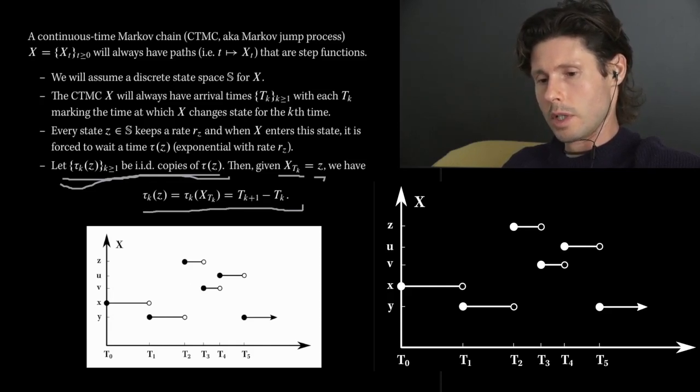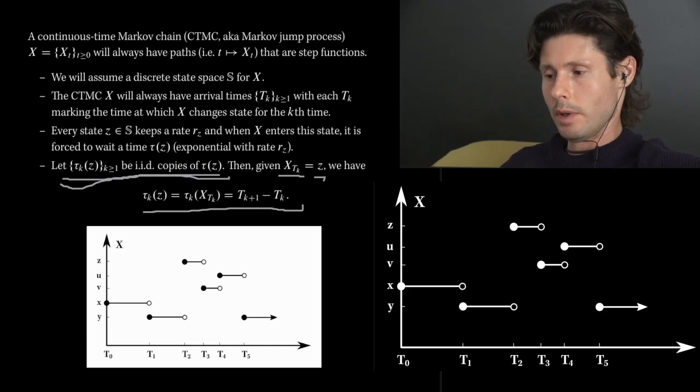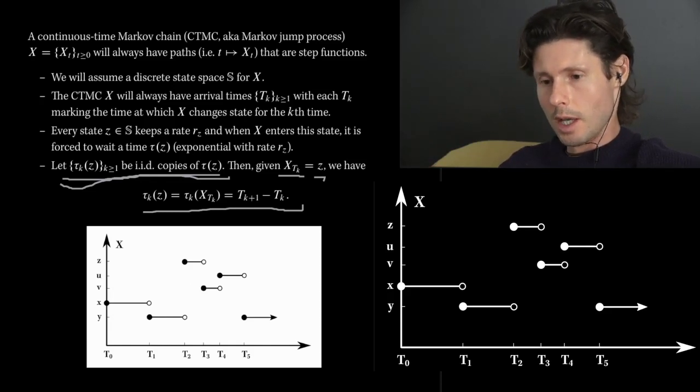And you can notice that if k was 3, that's going to be independent of what happens on change of state 6, or jump number 6. If we visit z again, we're going to stay there again for an exponential length of time. The exponential is going to have rate rz, but it's going to be independent of the previous stay.